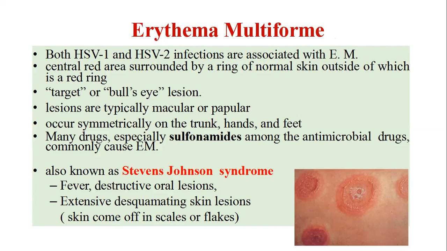The severe form is also known as Stevens-Johnson syndrome, associated with fever, destructive oral lesions, and extensive desquamating skin lesions. Desquamating means the skin is coming off in scales or flecks.